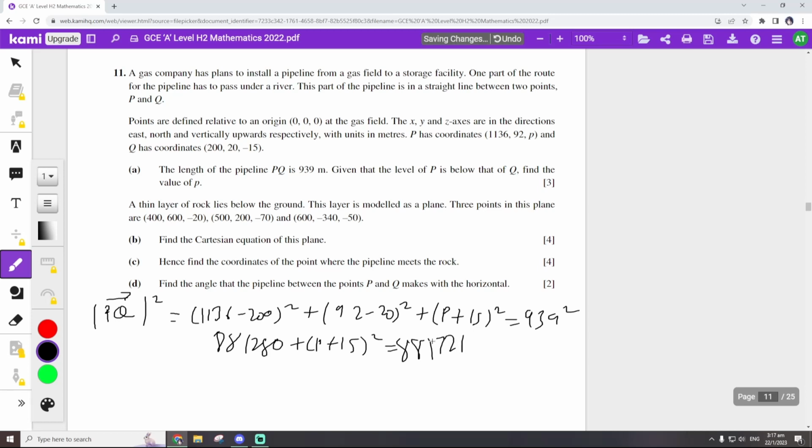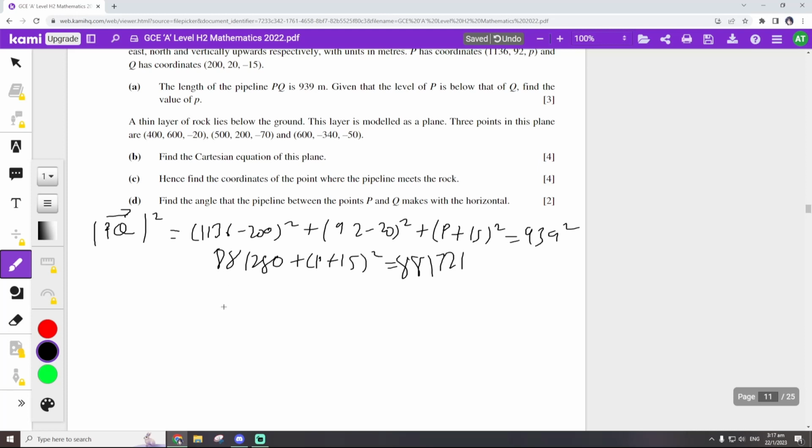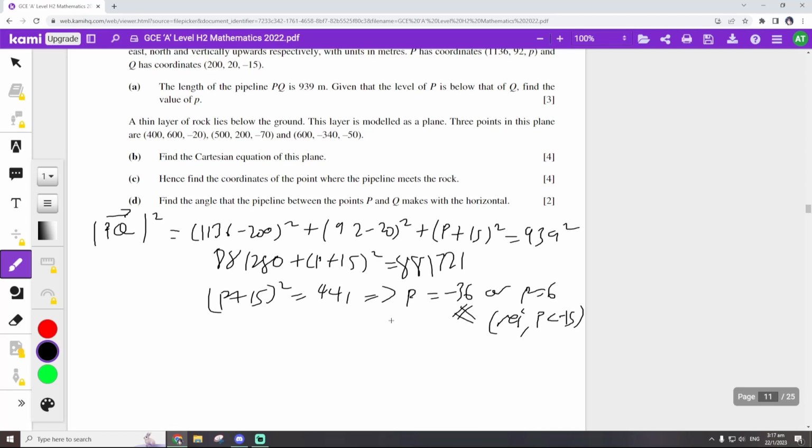Wow. Okay. So that is to say p plus 15 squared equals 441, which is 21 squared. So p is negative 15 plus or minus 21, so p is negative 36 or p equals 6. Reject, because p has to be less than negative 15, it has to be below q. So p is negative 36 shall be our answer.